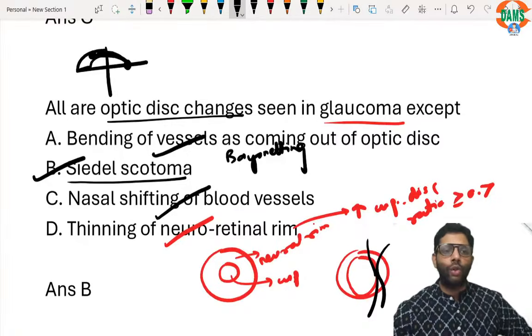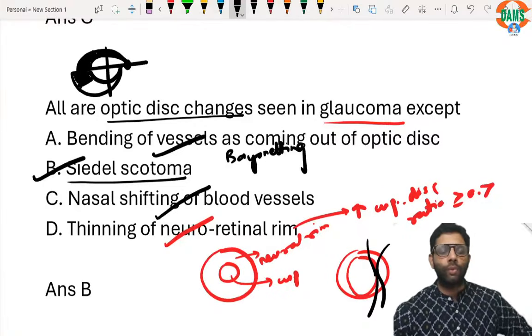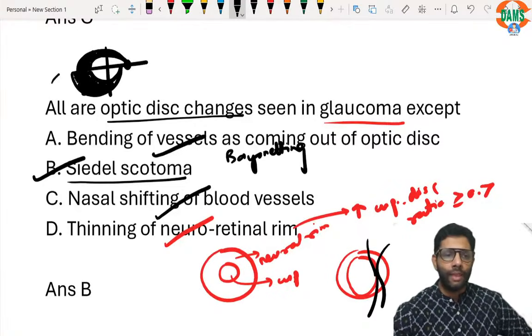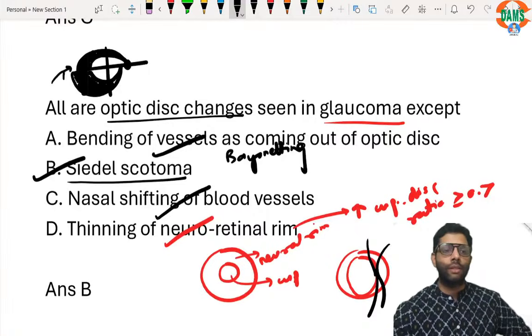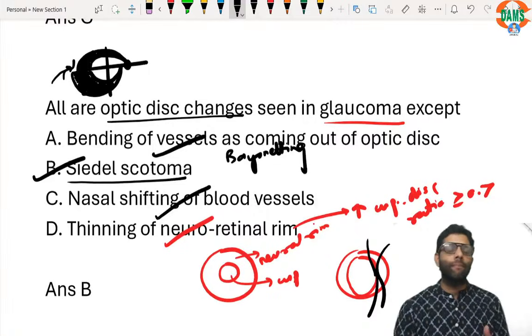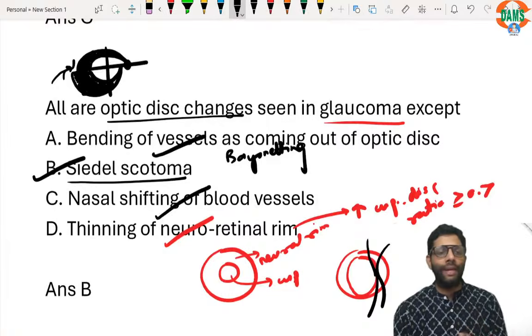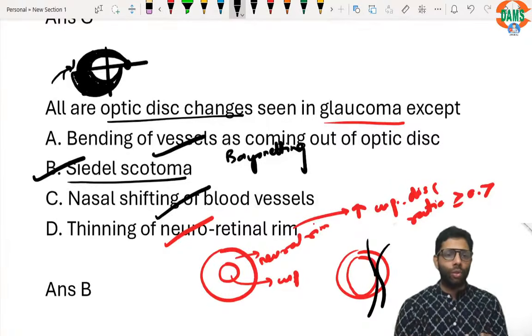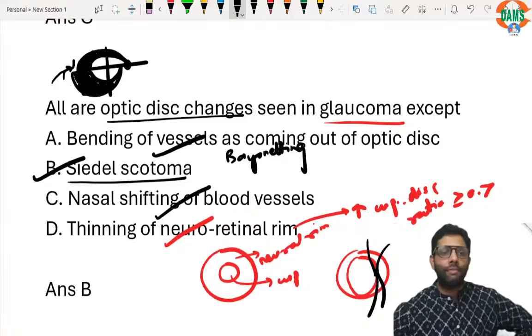Then arcuate scotoma, when entire arcuate fibers are involved. Then double arcuate scotoma, if both arcuate fibers are involved. Then on the nasal side, Rønne's nasal step is there. It is a finding in double arcuate scotoma, like ring scotoma. Then central fibers are lost.